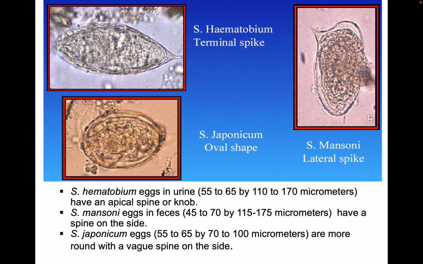For comparison, you can see the size and shape are different, and also the place where to detect the eggs is different. Haematobium eggs are found in the urine, and the other ones are found in the feces.